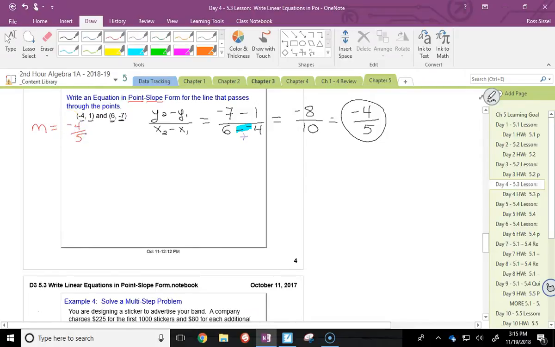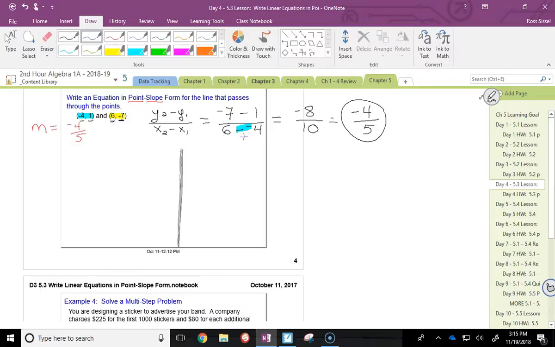Alright. Now, I'm going to draw this in between because I'm going to show you our 2 answers. To write point slope form, all I need is 1 point and 1 slope. I have the slope, negative 4/5, but they gave me 2 points, negative 4, 1, and 6, negative 7. It doesn't matter, I can use either one. But I'm going to do, on this left side, negative 4, 1.